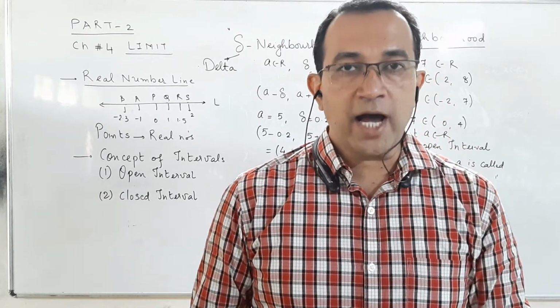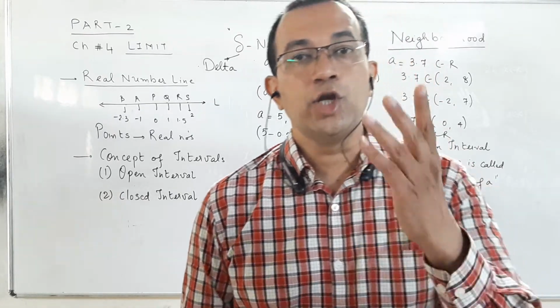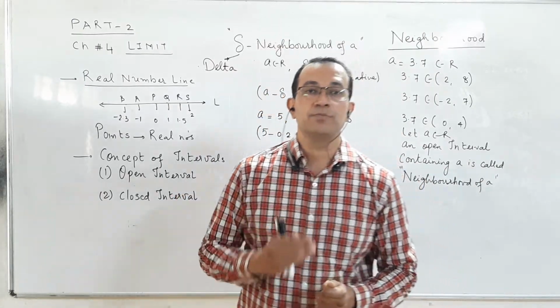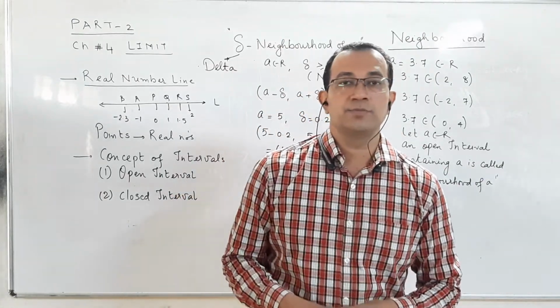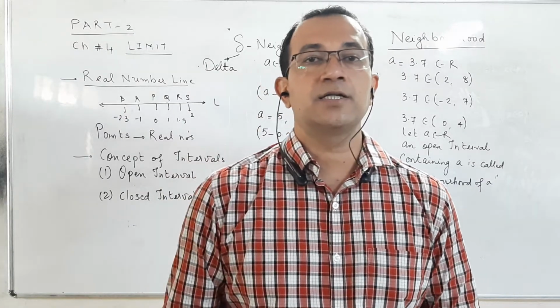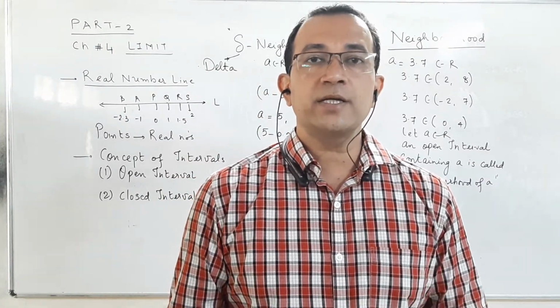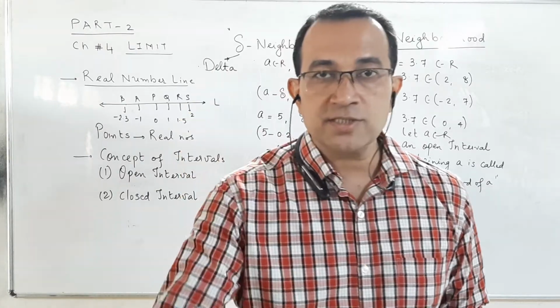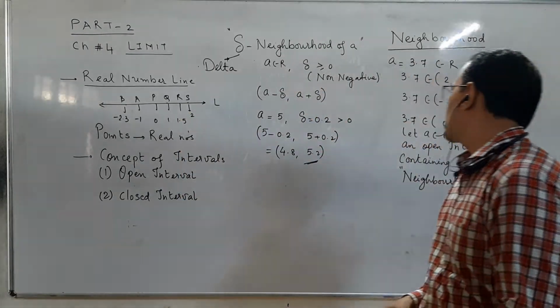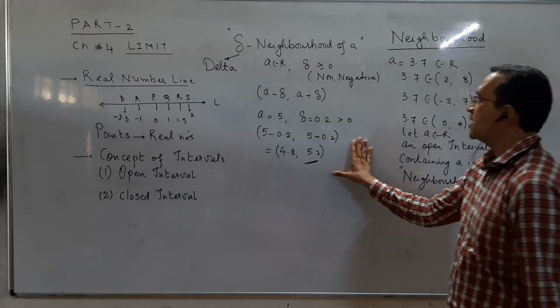Let A belong to R and delta be a non-negative real number. Non-negative real number means, students, greater than or equal to 0. Then the open interval A minus delta to A plus delta is called the delta neighborhood of A. I have given the example.